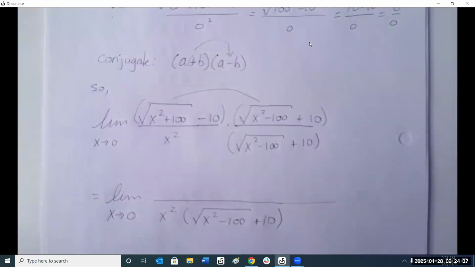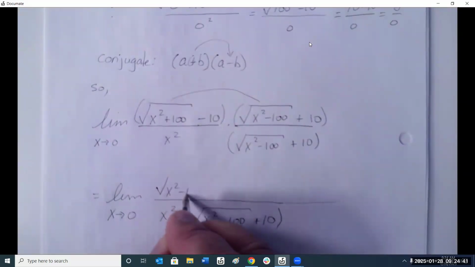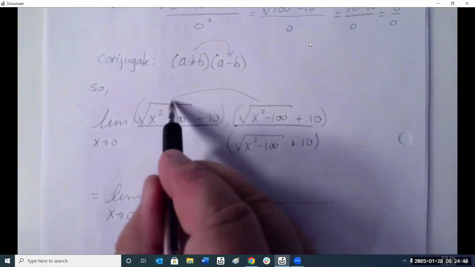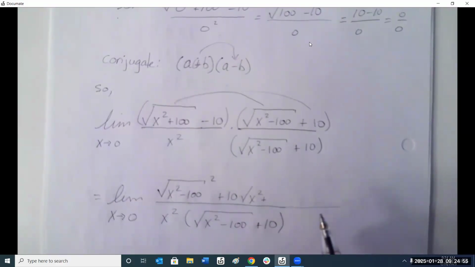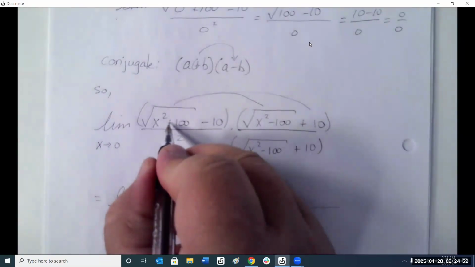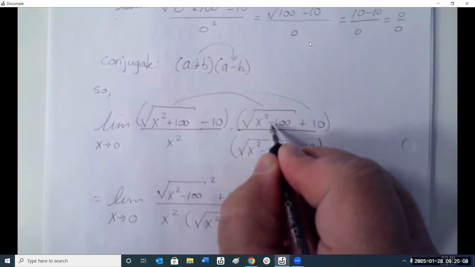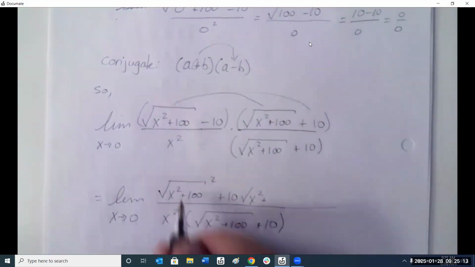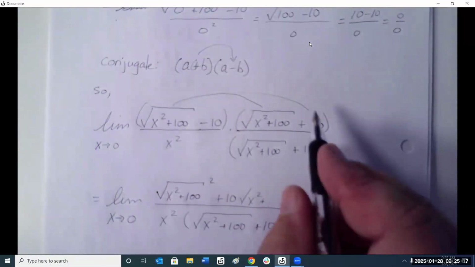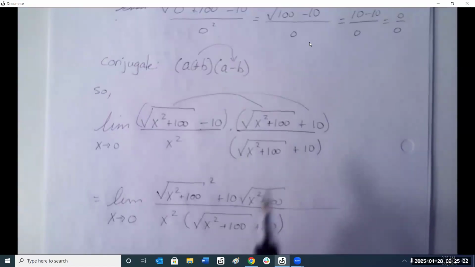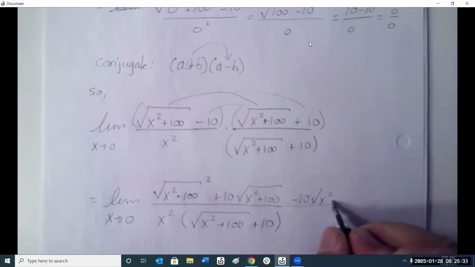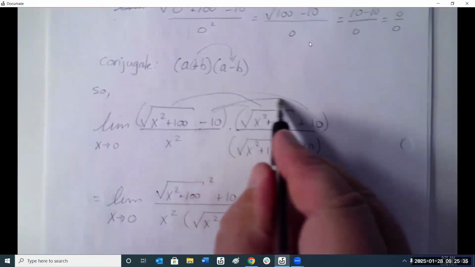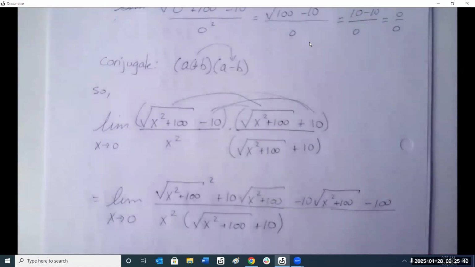Radical times radical becomes x squared plus 100, then plus 10 times the radical, minus 10 times the radical, and negative 10 times positive 10 is negative 100, or 10 squared.